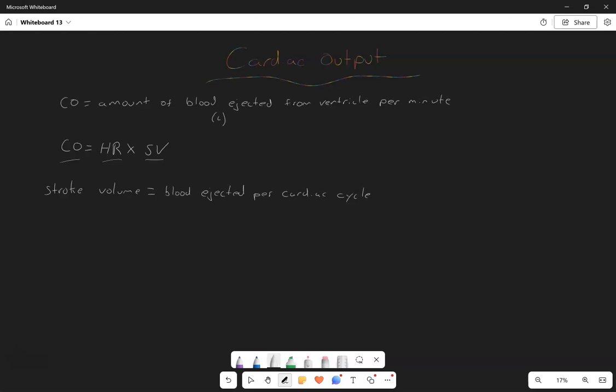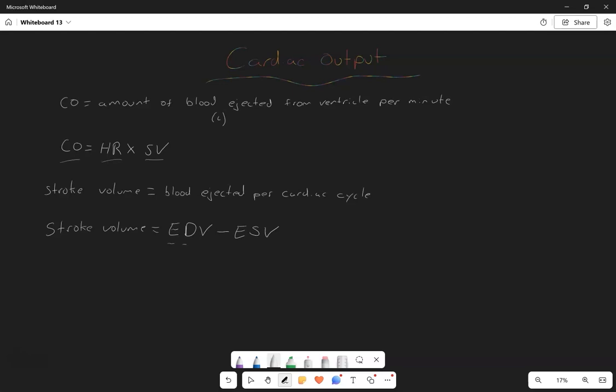But then how do we calculate our stroke volume? Okay, so our stroke volume is the amount of blood that is ejected per cardiac cycle. So we have to know how much blood was in there before the ejection and how much blood was in there after the ejection. So the stroke volume is equal to something that we call the end diastolic volume minus the end systolic volume.